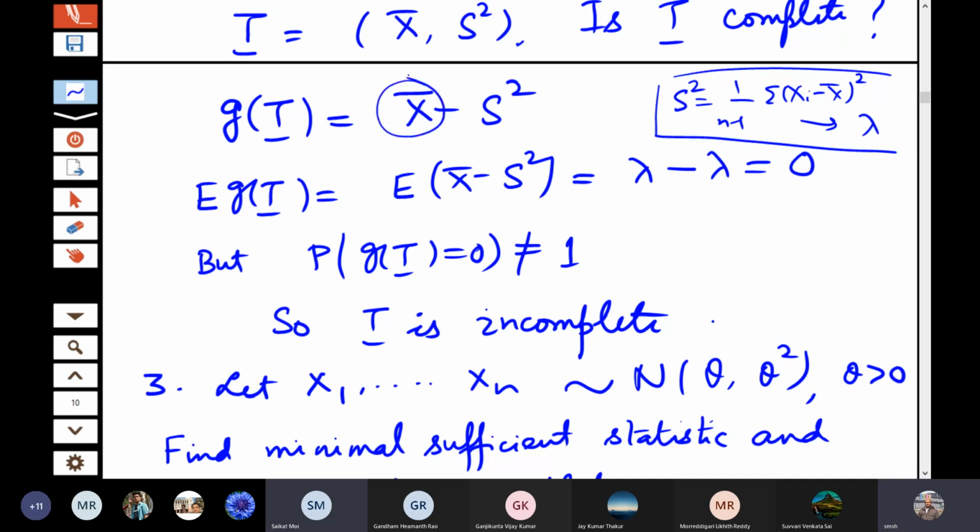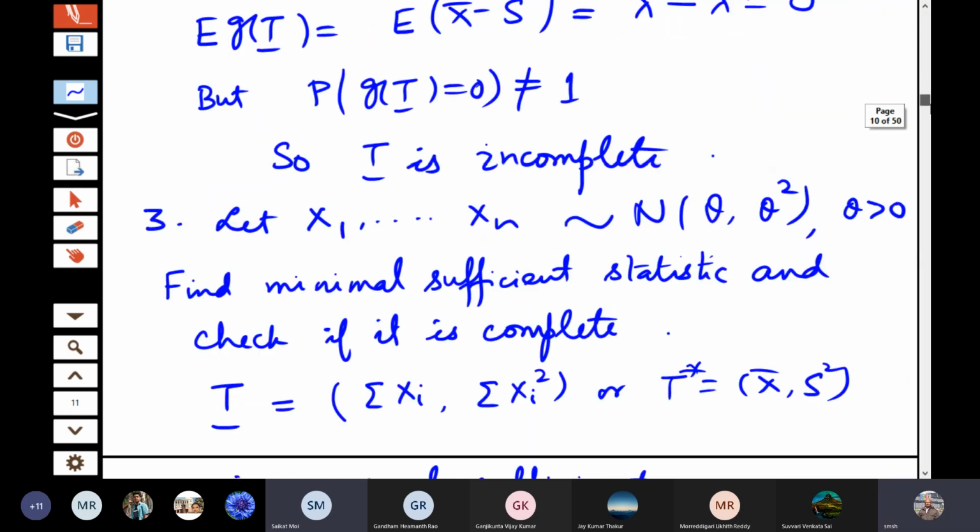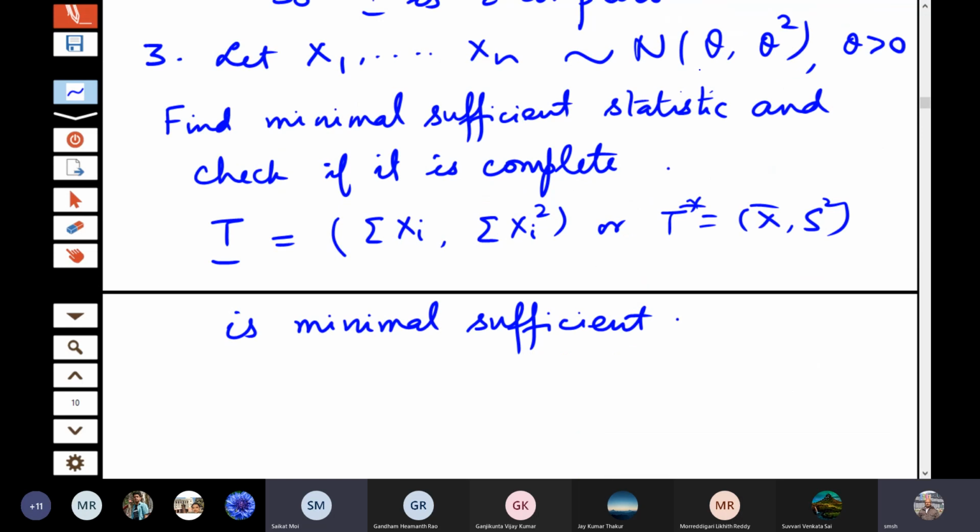Since it is an unbiased estimator of the variance, we make it lambda, because in the Poisson distribution, variance is lambda. But here I am taking a different thing. Here mean is theta, variance is theta square. So the same statistic will not work; something else has to be tried.